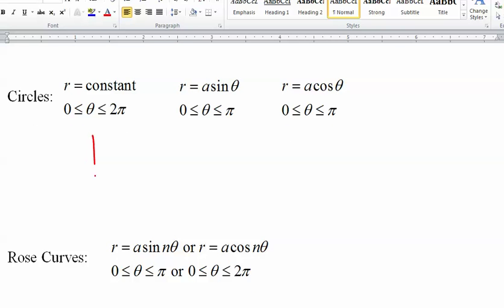Circles, I've already shown you: a sine of theta, a cosine of theta. Probably the most important thing in here is the limits, because that'll help you figure out how long it takes to get around the circle. You can graph slowly and see what goes on and play with it like I briefly showed you.